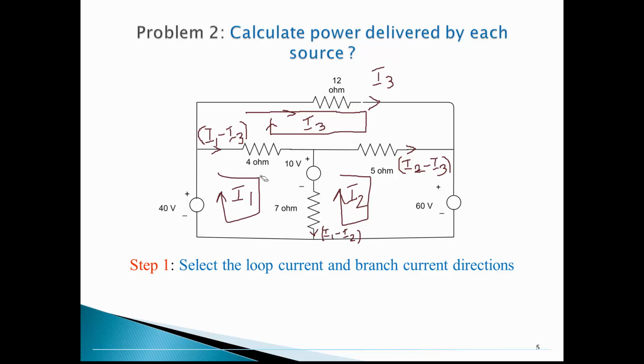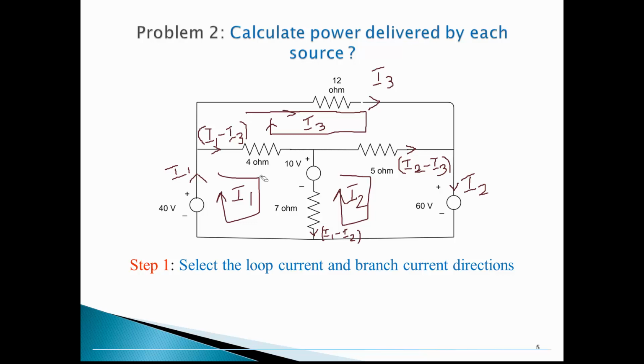In fact, I found that current flow through this 60 volt source is only I2, because no other current is flowing here. Current flow through this 40 volt source is only I1. And current flow through this 10 volt source is already marked here, I1 minus I2.